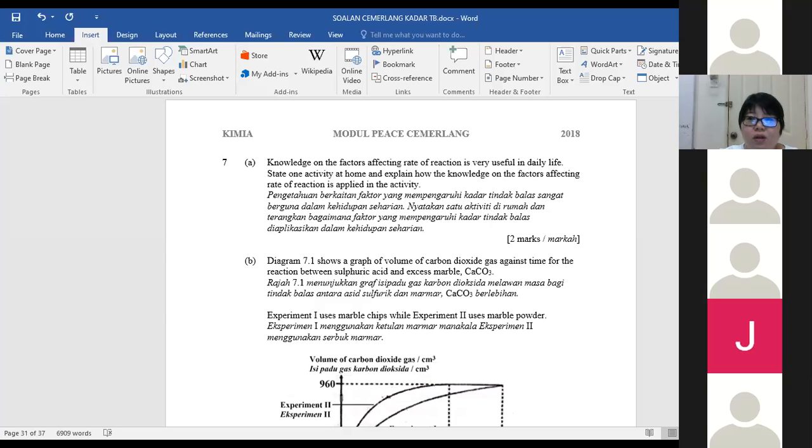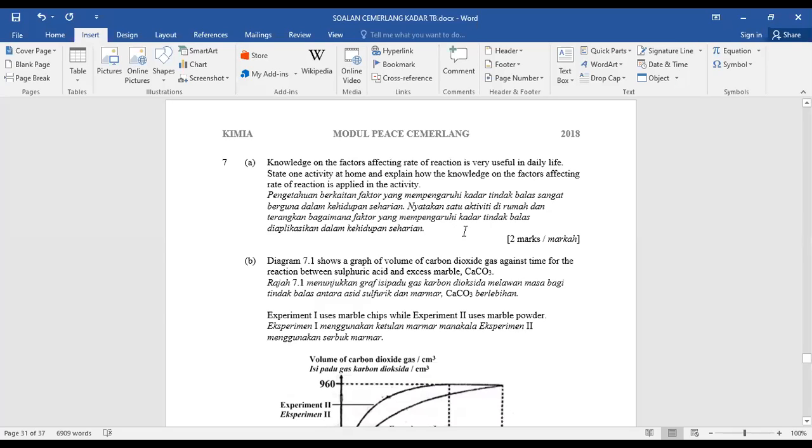We are going to put in potatoes, okay? So you are going to talk about when you want to cook the potato fast. One activity, you are cooking chicken curry using potatoes, and you are going to cut it into smaller pieces. Why? Because smaller pieces of potatoes have a larger total surface area exposed, can absorb heat faster and can be cooked faster.